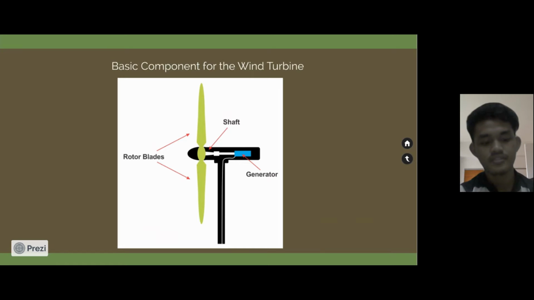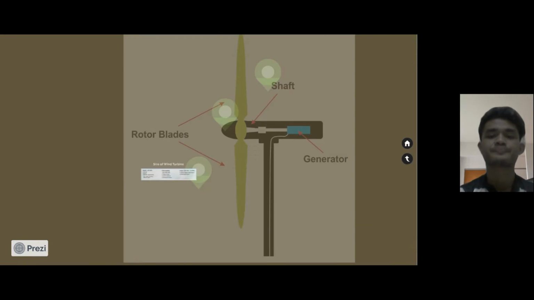The shaft connects the rotor blades to the generator. Its main purpose is to transfer the rotational mechanical energy of the rotor blades to the generator. Finally, the generator is a device designed to convert the mechanical energy into electrical energy.